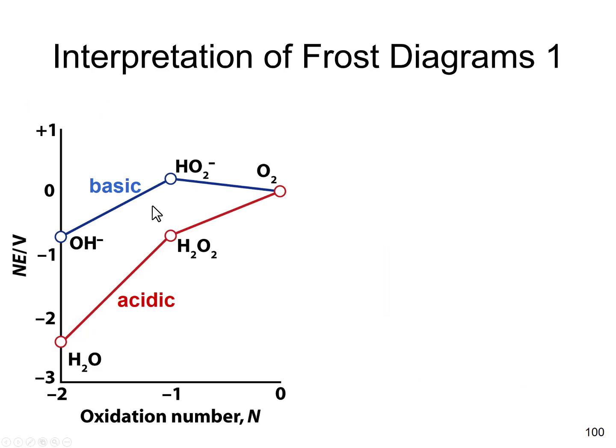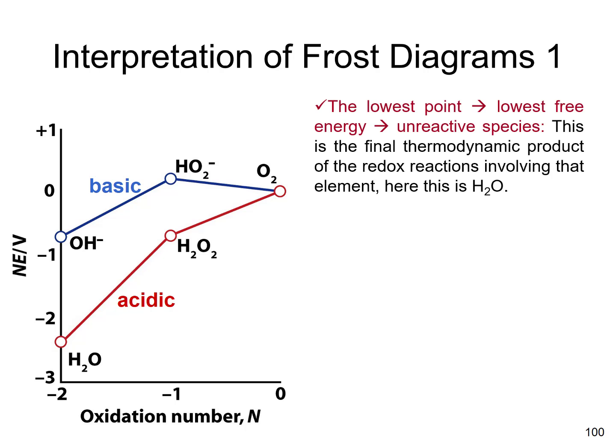Now using these values, we can plot the Frost diagram, and this is already depicted here. So what can we interpret from this particular diagram? The first thing is the lowest point, which in this diagram would be this particular species, depicting the species with the lowest free energy, which means it is the most stable species and therefore the least reactive.